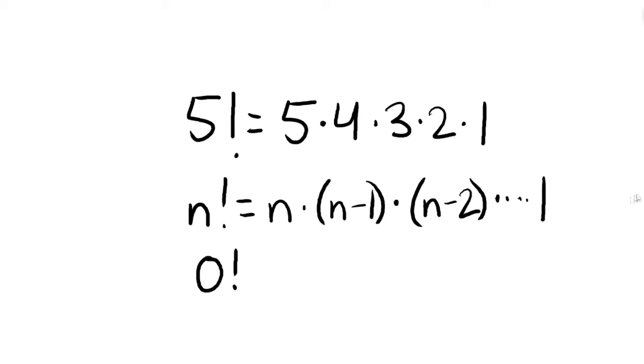But 0 factorials we can absolutely get at some points. And what we define that as is 1. Because oftentimes we have factorials when we divide things at the bottom and we can't divide by 0. So, to solve that problem, 0 factorial is equal to 1.